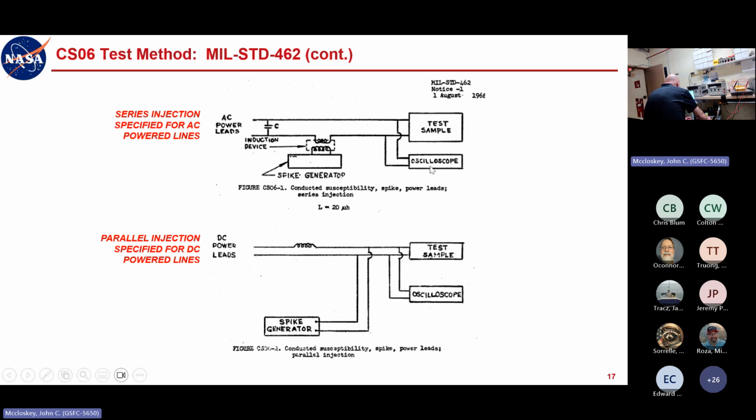There are two basic setups here. There's the series injection, which they specify for AC powered lines, where you put the spike generator in series with the power feed, so it's much like CS101. Or there's parallel injection specified for DC powered lines.